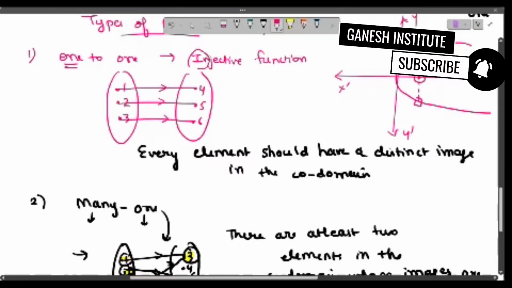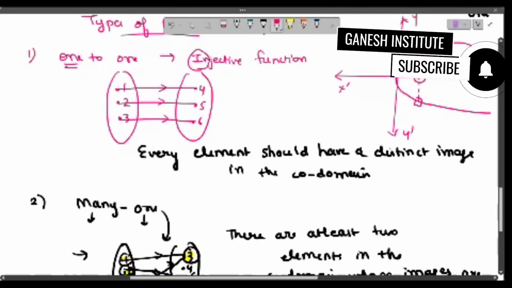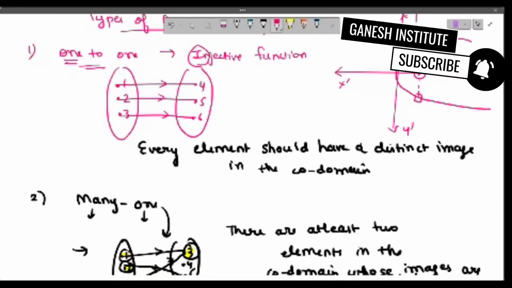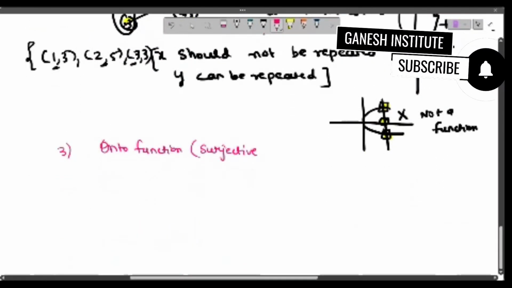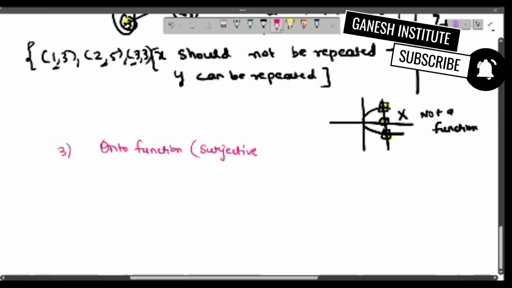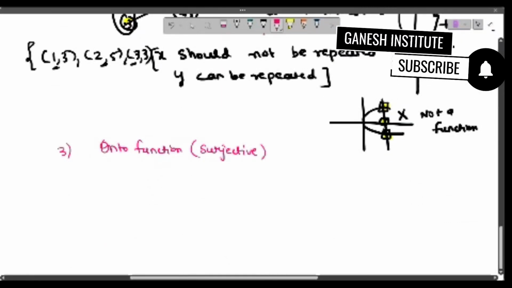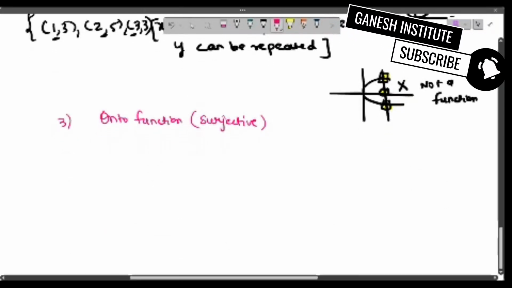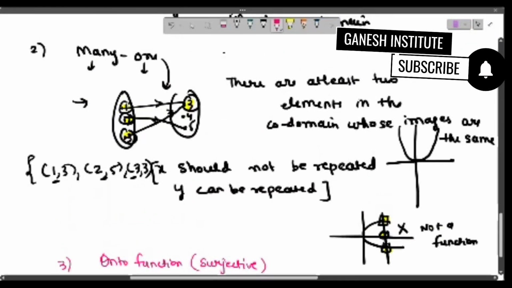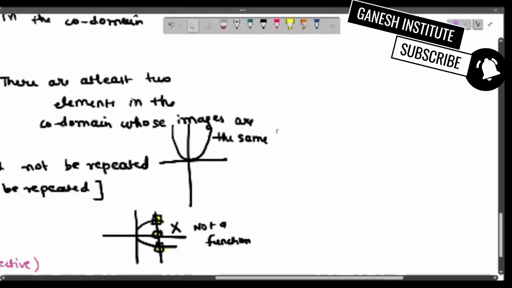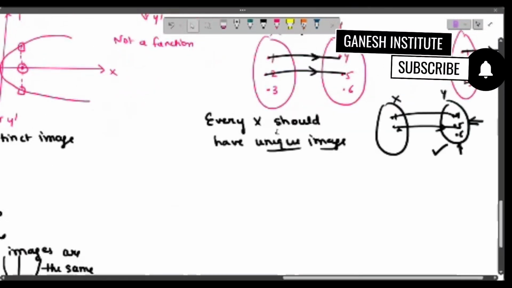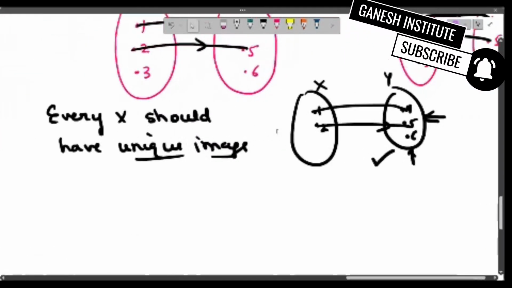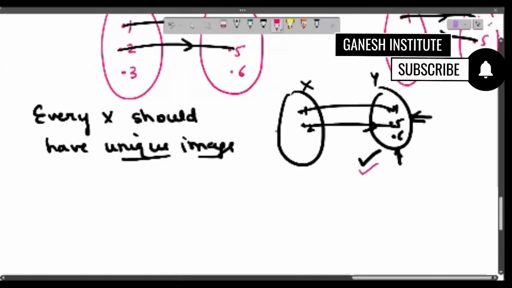So you can remember you get into a room one by one, so injective. Onto a function is surjective. When I gave you this example that y can be left, where has it gone? y can be left over without a preimage, that's fine.